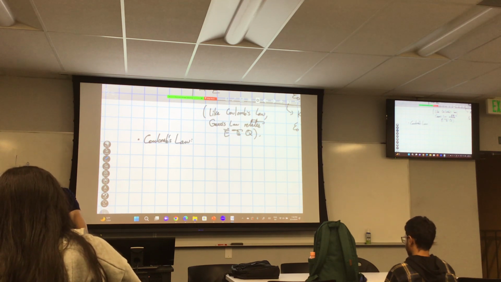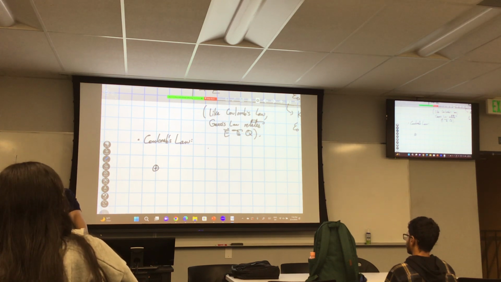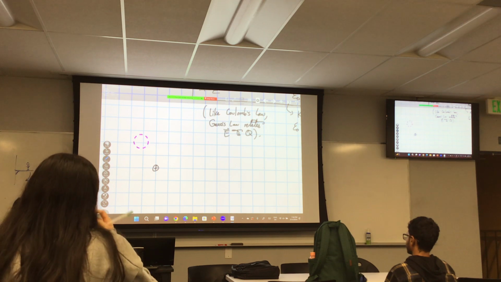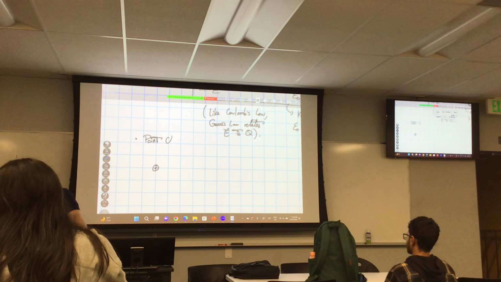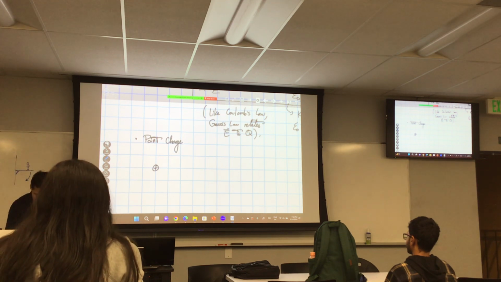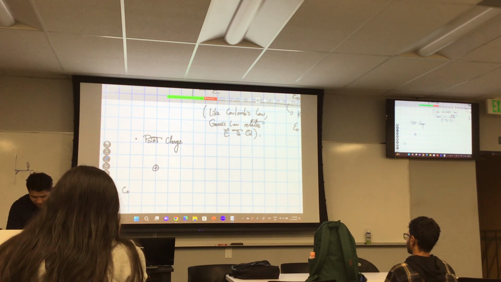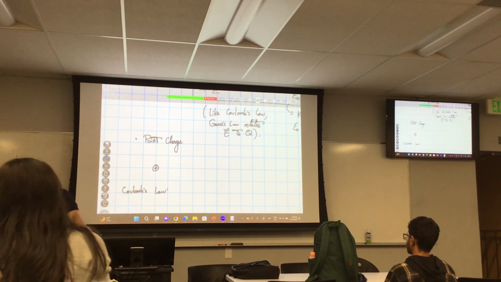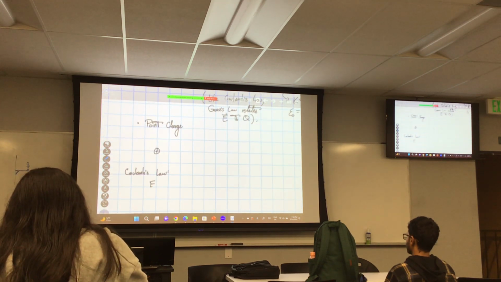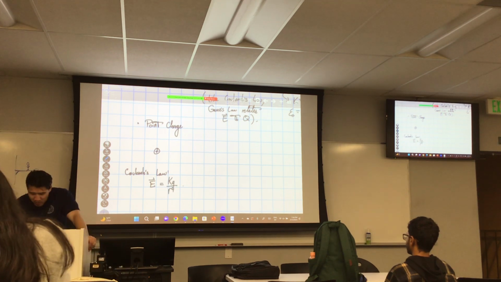Coulomb's law tells us that for a point charge, actually we're going to analyze the point charge for now, essentially the electric field is equal to KQ over R squared.